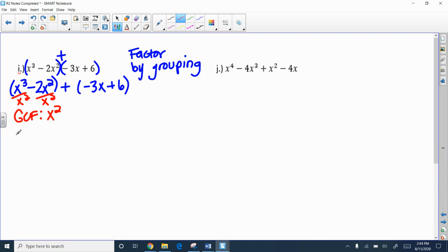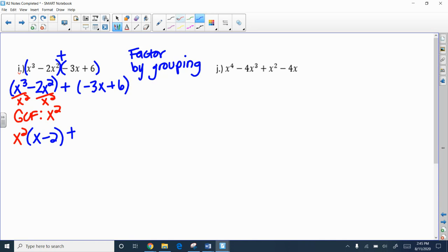And when I divide out a GCF, I put it in the front. So I'm going to have an x squared, and then inside the parentheses will be what I have after I divide. So right here, x cubed divided by x squared is x. And then right here, negative 2x squared divided by x squared is minus 2. All right, so that's what the first group looks like. I took out a GCF of x squared. So I have x squared times x minus 2. Okay, then I've got the plus sign in between.